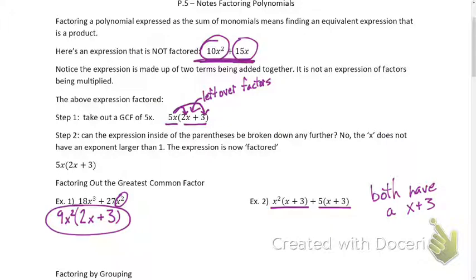So x plus 3 is your GCF. So you take x plus 3 out, wrap it in parentheses, and then you write the leftovers from both of those underlined portions. So I took x plus 3 out, there's an x squared there. On the second term, there's a 5.